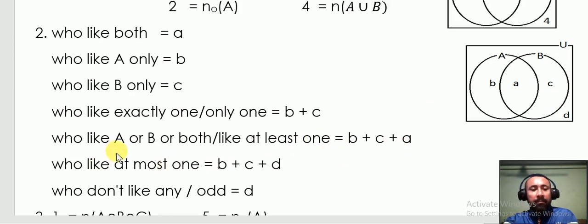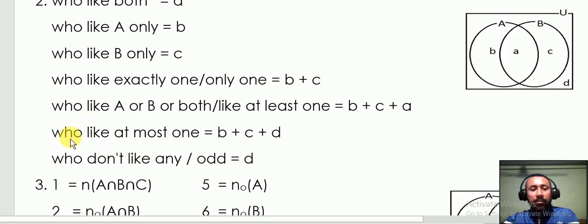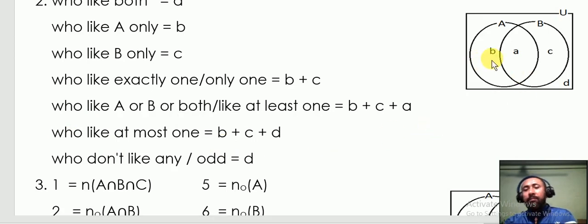Both mean the same. The next one is at most one, so it's a maximum of one. So here b is exactly one, c also exactly one, and d is none. So b plus c plus d makes at most one. And lastly, who don't like any of the statements? So that's value d.